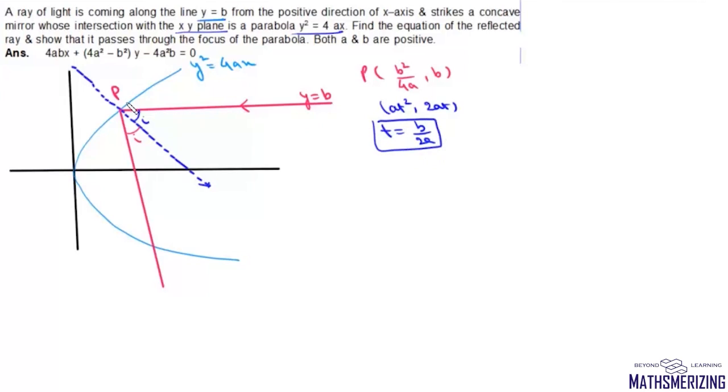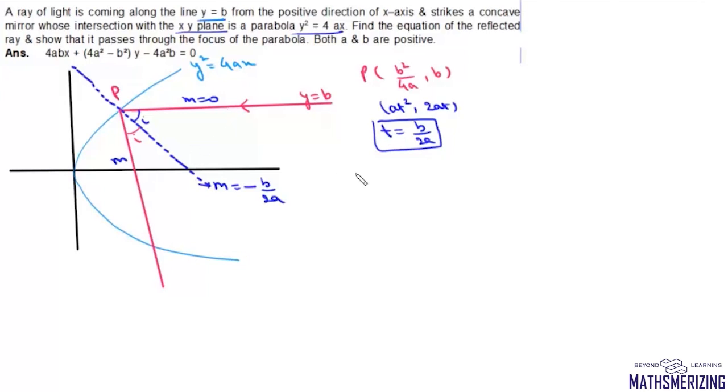Now at any point P, the slope of the normal is given by minus t. So the slope of the normal is minus t, which is minus b upon 2a, and the slope of this line is simply 0. Now we need to find the slope of the line which makes the same angle with the normal as the incident ray.